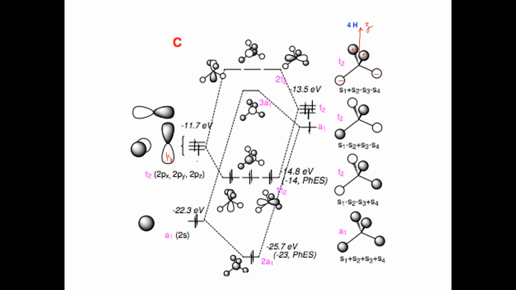and I can use the same arguments for py and px. So these are again linear combinations of s orbitals in the hydrogen atoms, and they look like this. This is the y-axis, right? So if this is py, and if this is px, you can see that they transform exactly the same as these 3 linear combinations of x, y, and z.